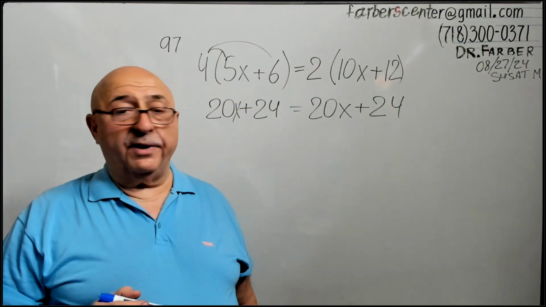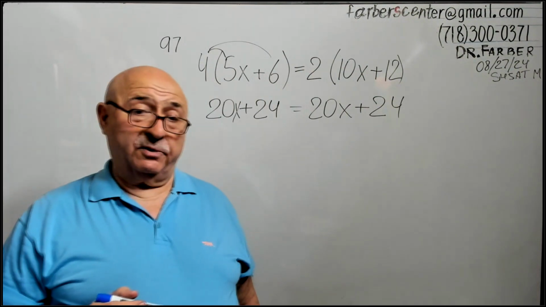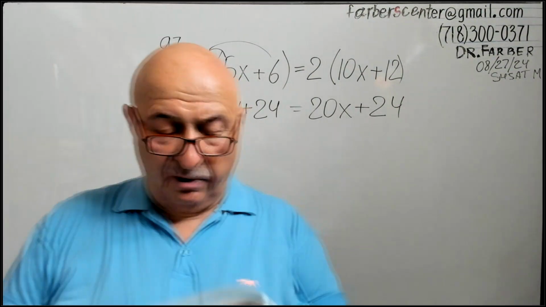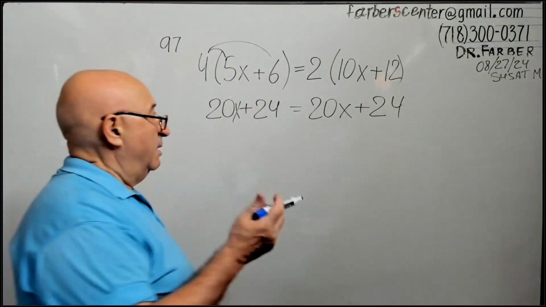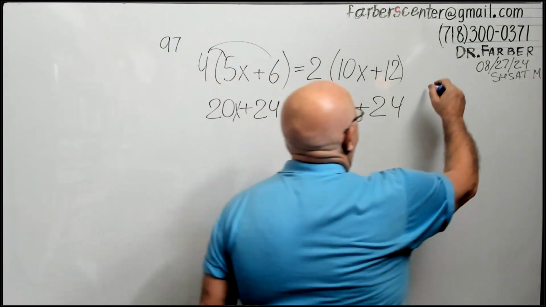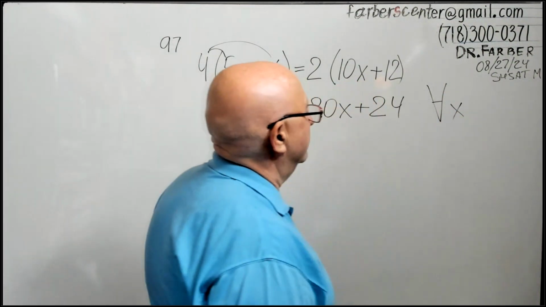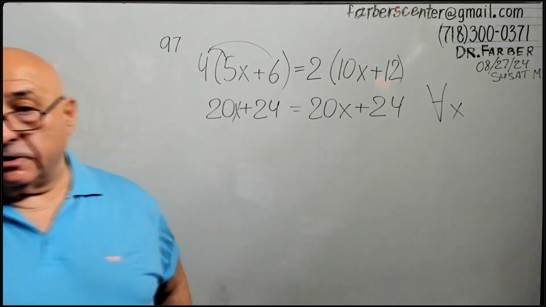So it works for any x. Wherever you put x in the left part, you get the same result in the right part. And they look at multiple choice: all values of x. In math, you can write this sign, it means for all x's. Who understands this 100%?